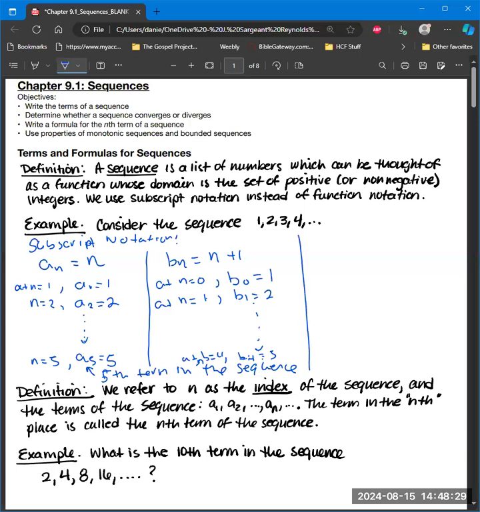If I was to look at this as a function, f of x, actually, let's say f of n equals n, for n an element of the natural numbers.